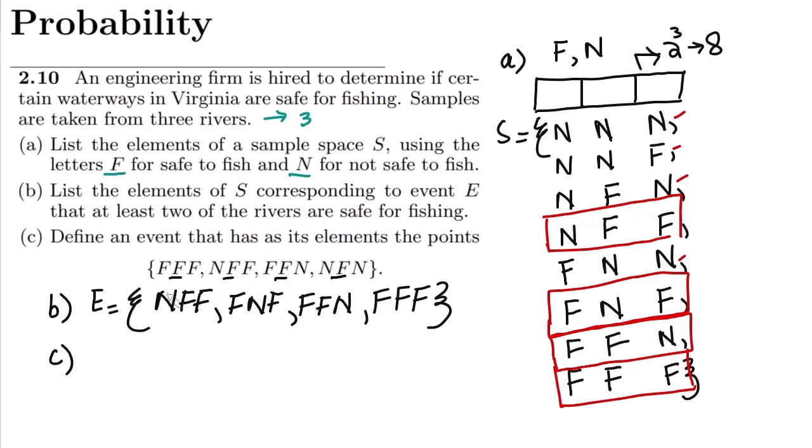What should the statement be? It is showing me that the second river is basically safe to fish. The statement for it is: the second river is safe to fish, or safe for fishing. So this is the statement for part C.